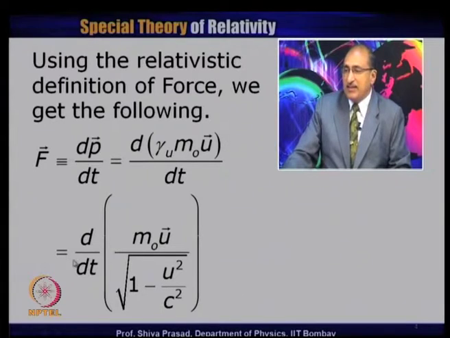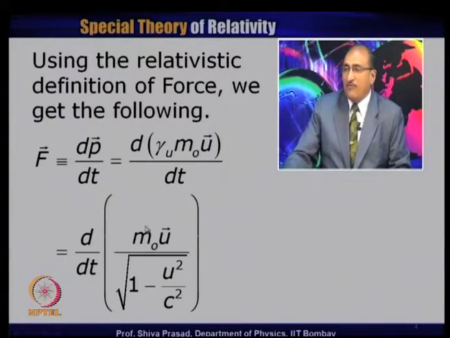Which essentially means that I have to take a time derivative of this quantity, where now u appears at two different places. In classical mechanics, in non-relativistic mechanics, this was the only place where u was appearing, and once we took a time derivative, it just straightaway gave us m into du/dt, which I can write as an acceleration.